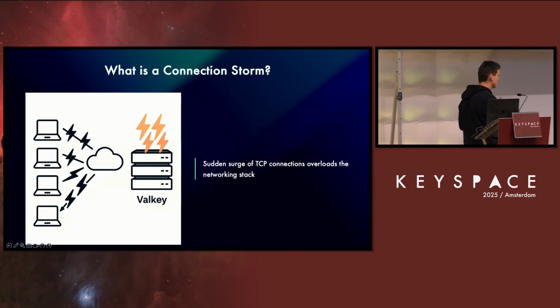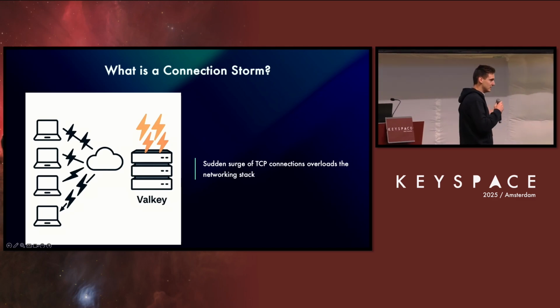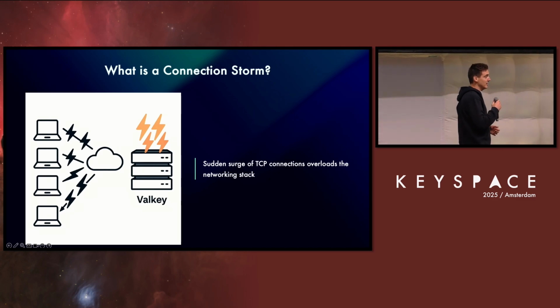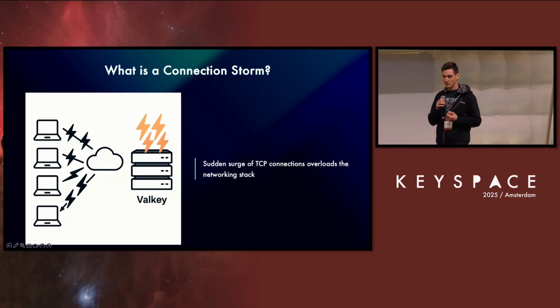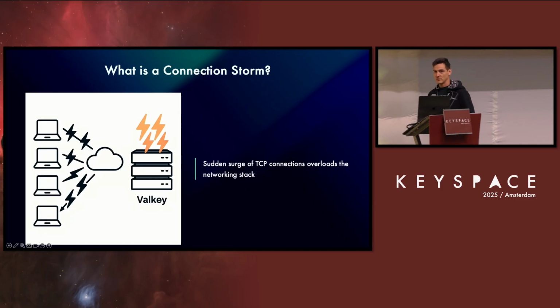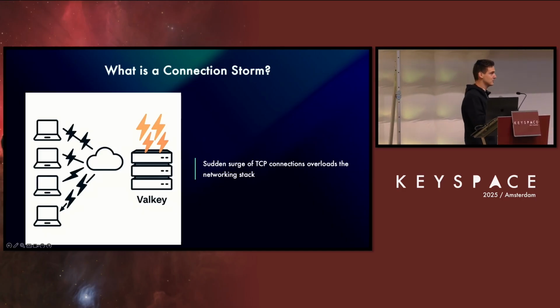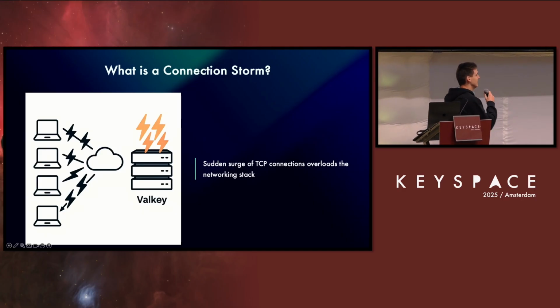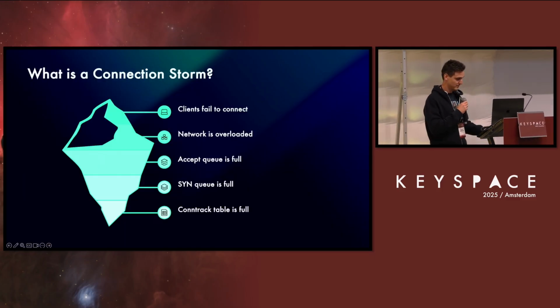For example, the application team rolls out a new version and all the clients start to connect at the same time. It can be because you decided to update Valkey to a newer version or patch something. Or even because you have some disruption in the network and after the disruption is over, everything is back to normal, all the clients try to connect at the same time, boom, connection storm.